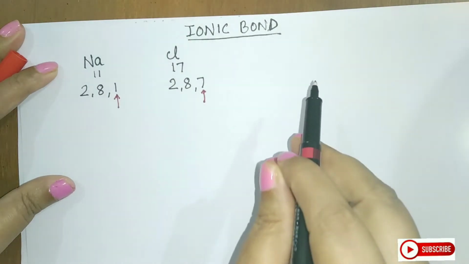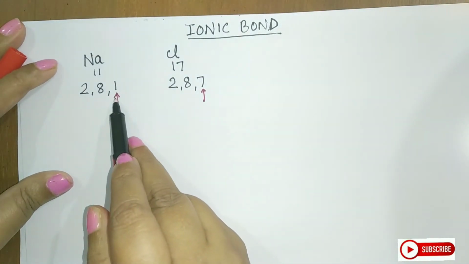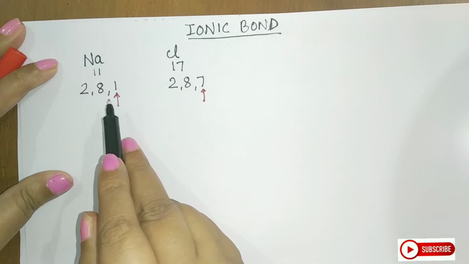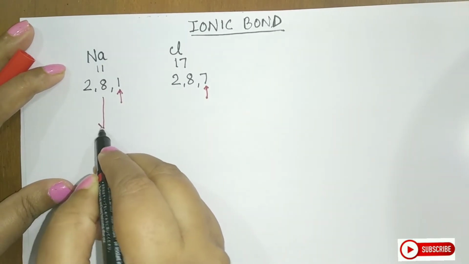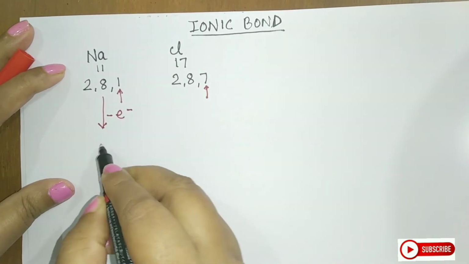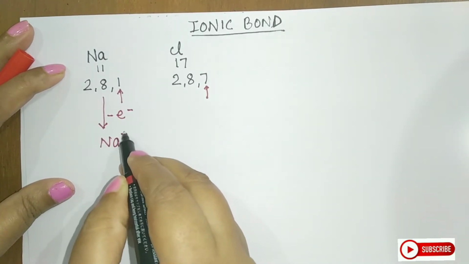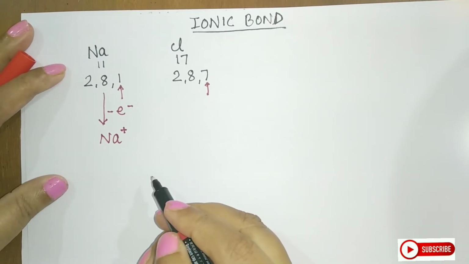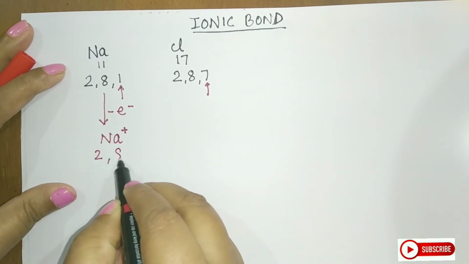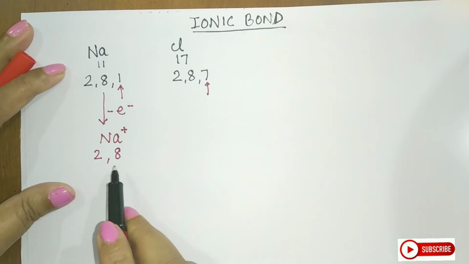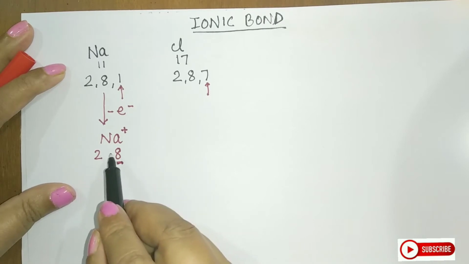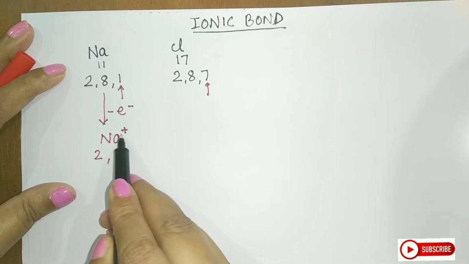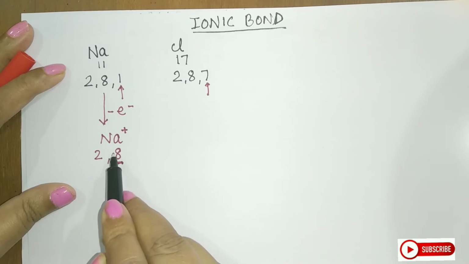Students, the concept is very easy: to gain 7 electrons is difficult, but to lose 1 electron is easy, and therefore sodium loses 1 electron and becomes sodium cation, that is, it gains a positive charge, and so its electronic configuration will now become 2 and 8. The moment it has 8 electrons in the valence shell, it becomes stable, but it acquires a positive charge on it. We call this sodium cation.